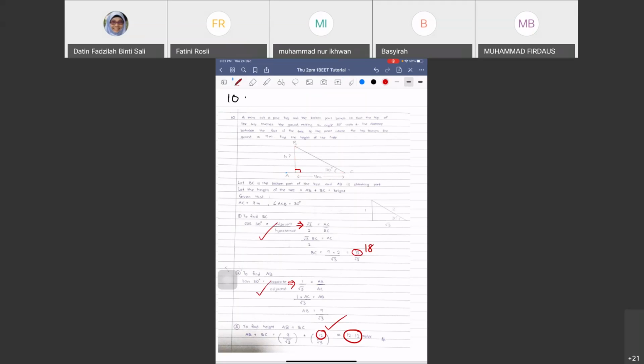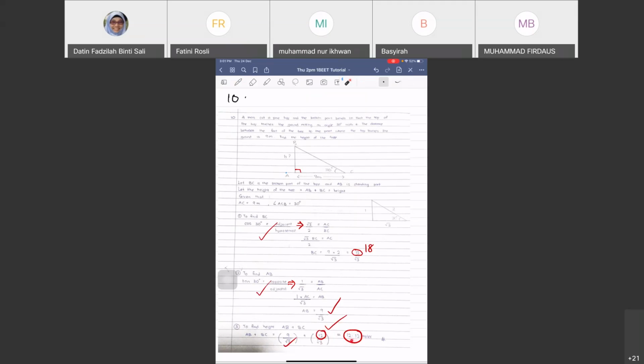Tangent 30 is 1 over root 3. AB is the one that you want to find. AC is your 9 meters, so that is 9 over root 3. This one is correct, but you just need to double check the answer again. So this is 18, so this must be a different answer.